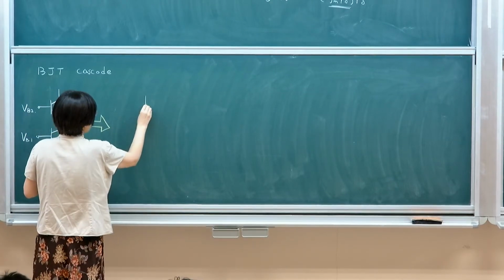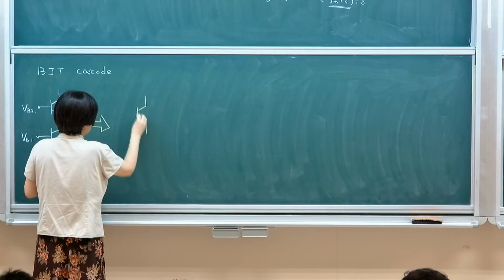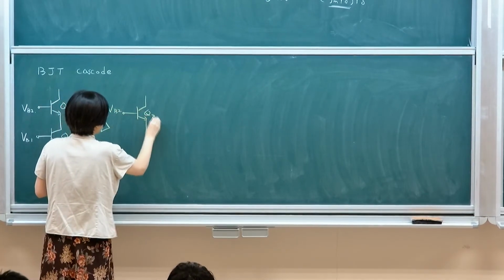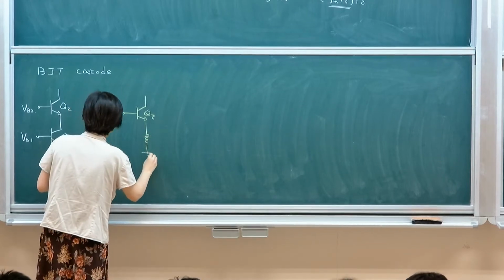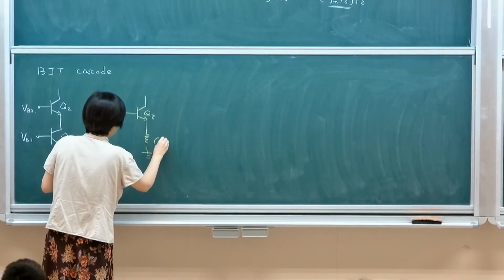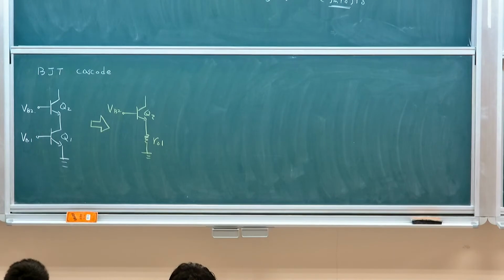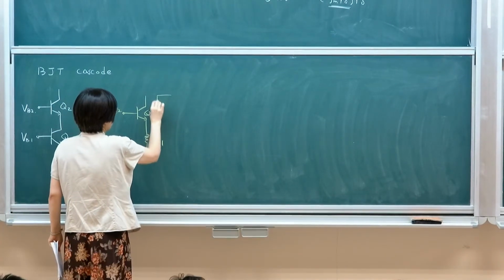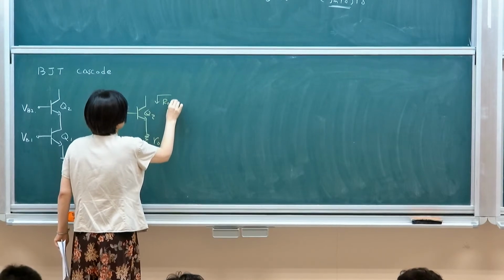We can also simulate this as equivalent to a common base structure, Q2, with RO1. Right? And then we're also looking in for its output resistance.